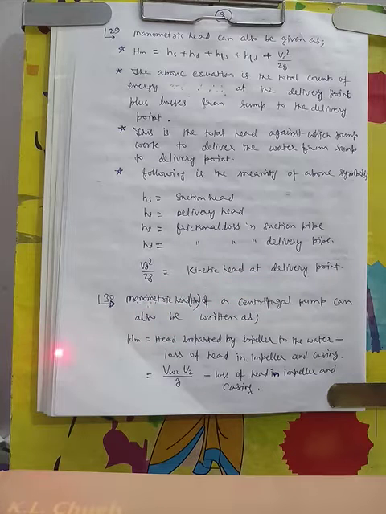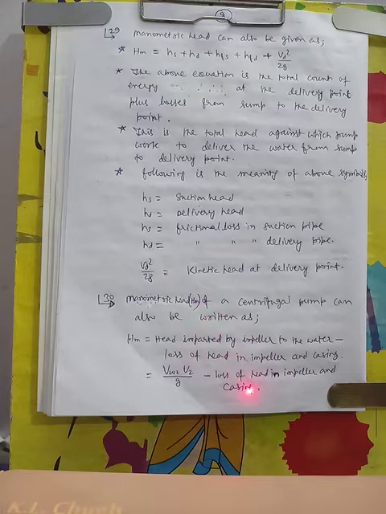And one more way is there, we can calculate the manometric head of the centrifugal pump, which can be calculated as below. Manometric head is equal to head imparted by impeller to the water minus loss of head in the impeller and casing. What is the manometric head?